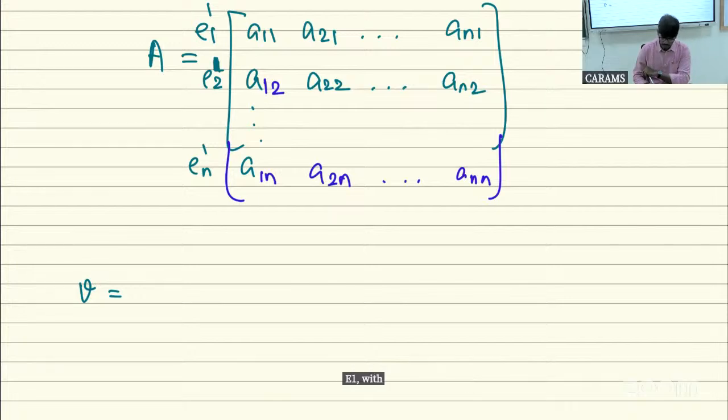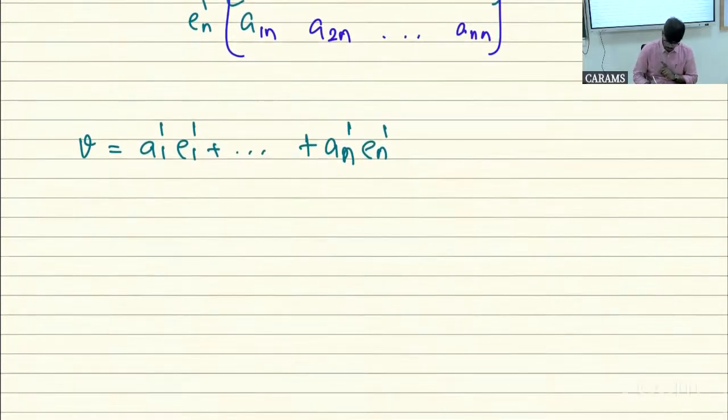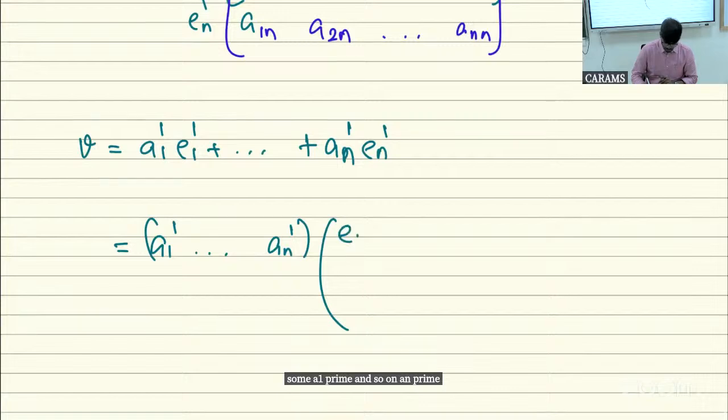With respect to the basis B prime, we will have some A1 prime E1 prime plus and so on up to AN prime EN prime, right? So that means now we will have some A1 prime and so on up to AN prime times E1 prime, E2 prime, and so on up to En prime, right?